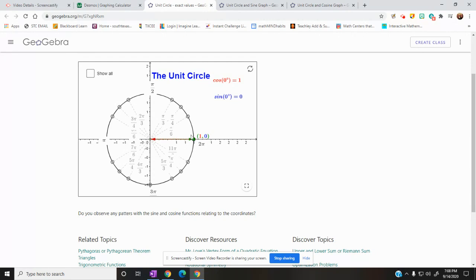And we found out that this first one was 30 degrees, which was actually pi over 6 radians, right? In radians, pi over 6. And I asked you what would be the coordinate, right?